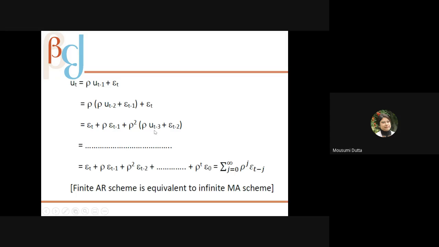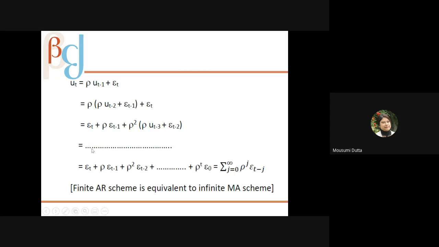Ut minus 2 again can be replaced by rho ut minus 3 plus epsilon t minus 2. Then in the similar fashion, I can go on and on. Finally, I'll stop when I consider ut minus t, that is u0.